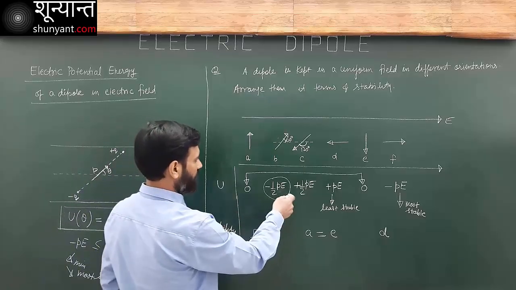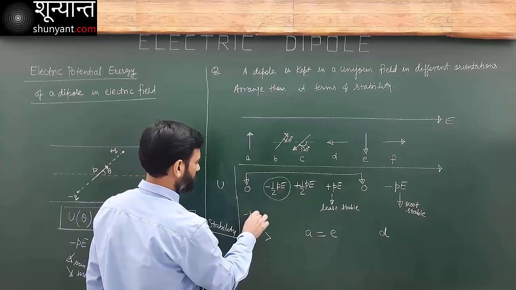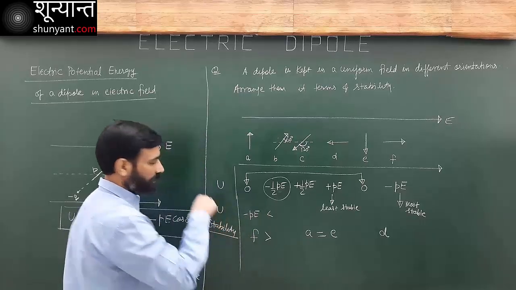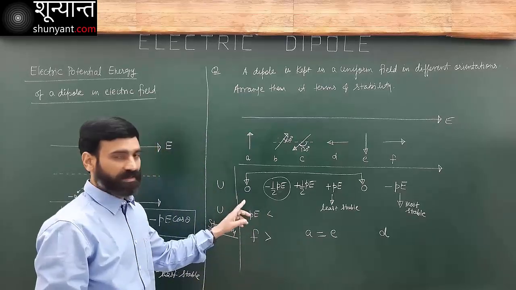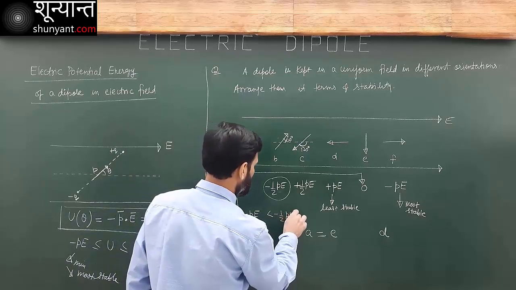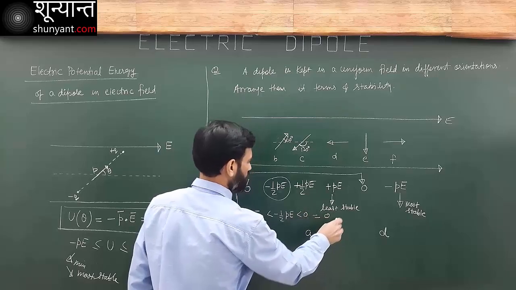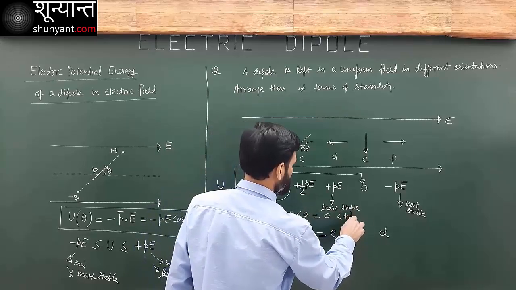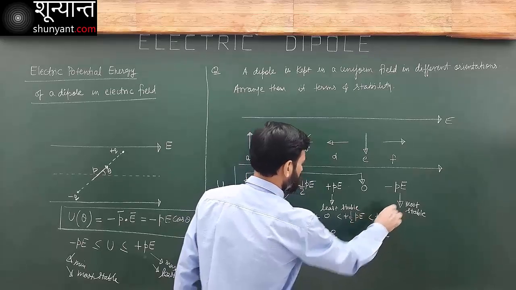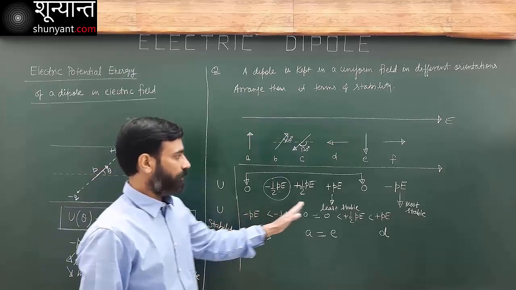The correct order will be something like this: minus PE is less than minus half PE, is less than 0, is equal to 0, is less than plus half PE, is less than plus PE. This is the sequence of energy in increasing order.